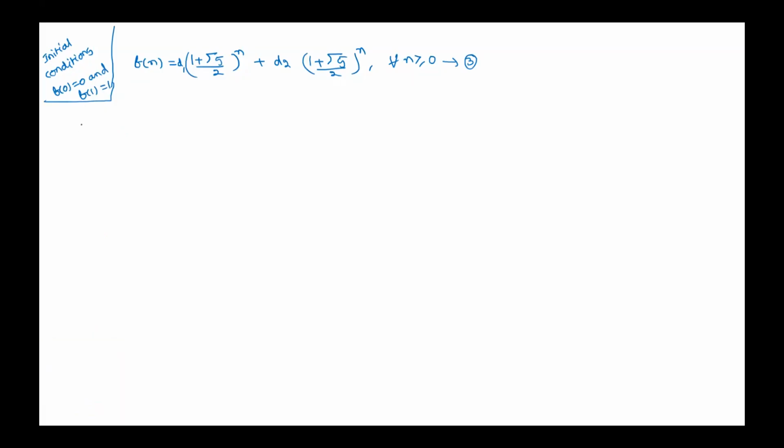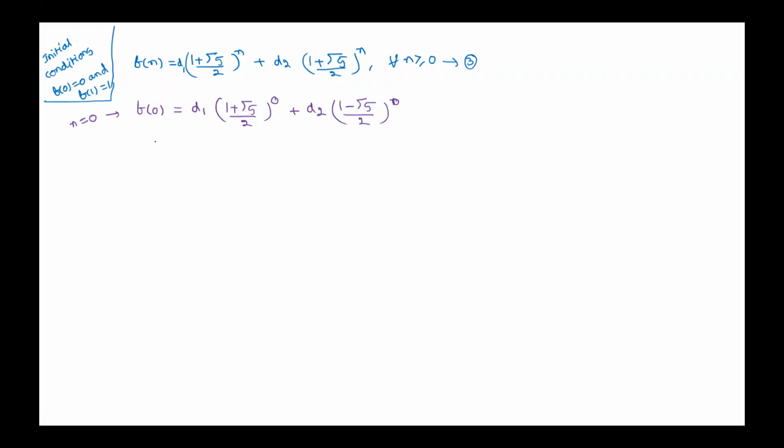At n equal to 0, substitute in equation 3. Then what do we get? F of 0 equals d1 into 1 plus root 5 by 2 whole power 0, plus d2 into 1 minus root 5 by 2 whole power 0. Is that okay? Because this is f of n, if n equals 0 we get f of 0.